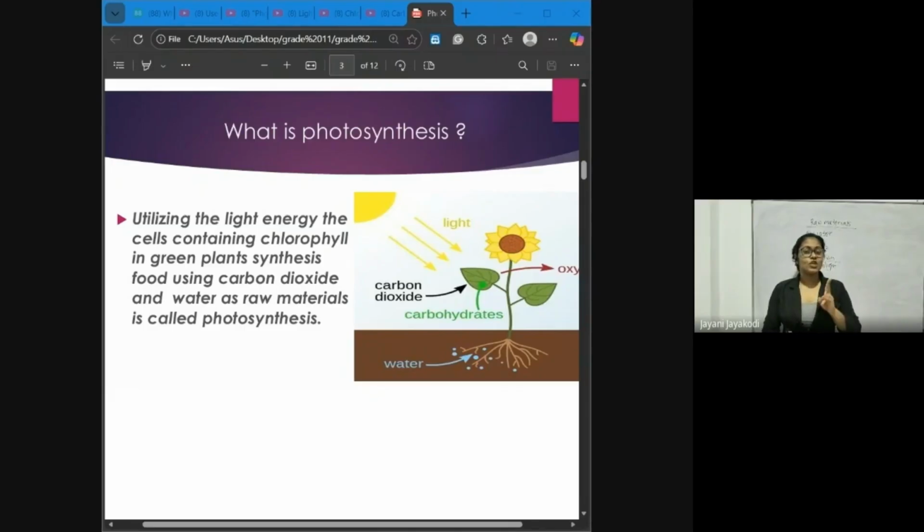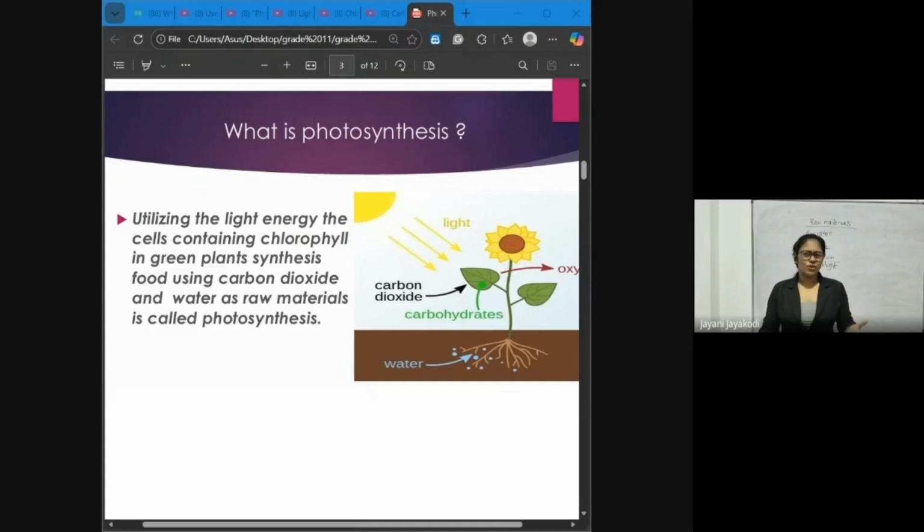Usually there are two chlorophyll types available, chlorophyll A and chlorophyll B. Those are available in systematically higher plants. The plants in our surroundings are systematically higher plants, therefore chlorophyll remains inside their body.